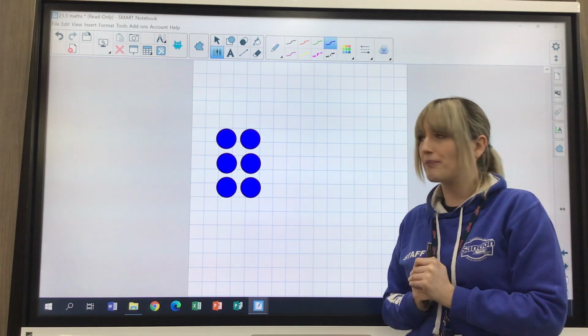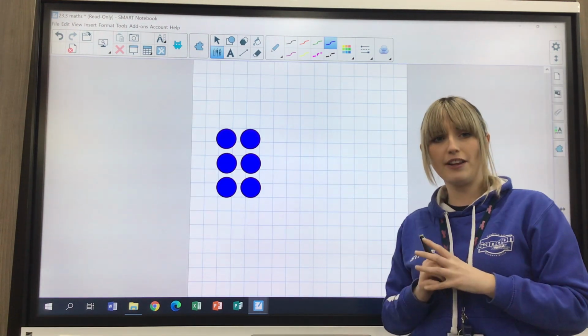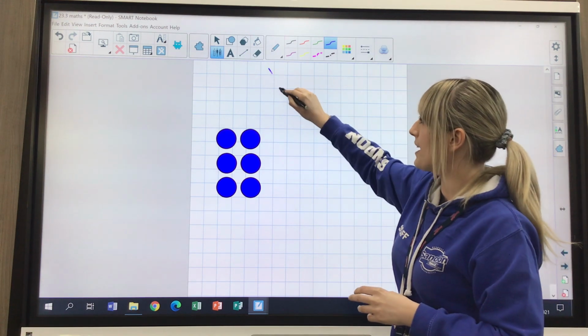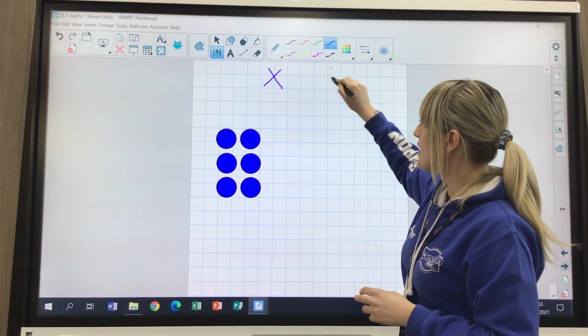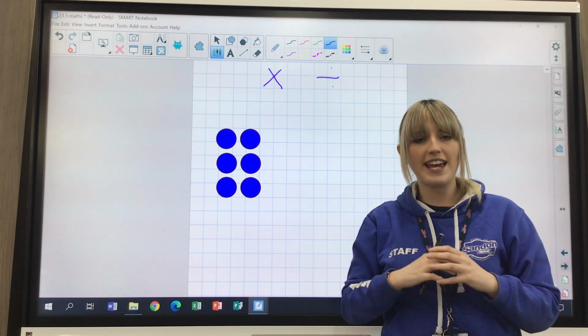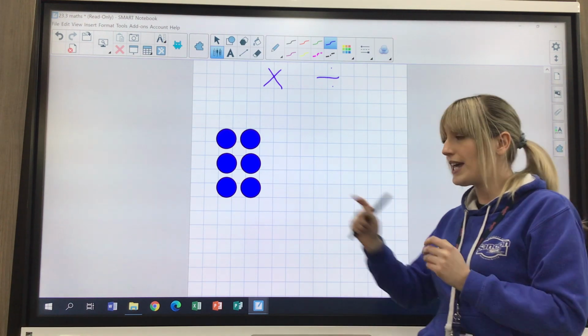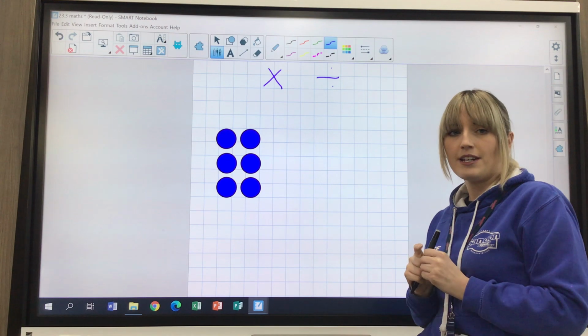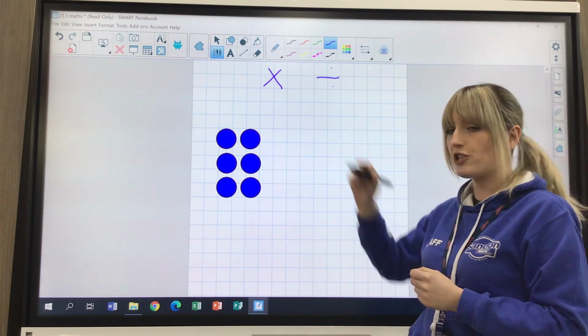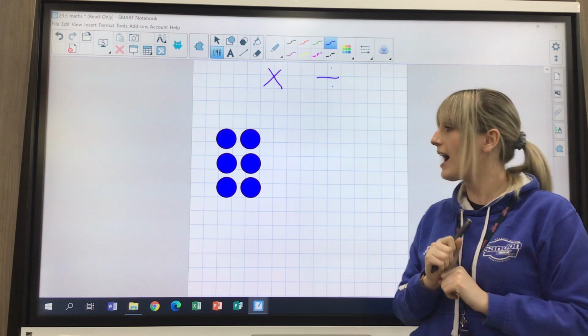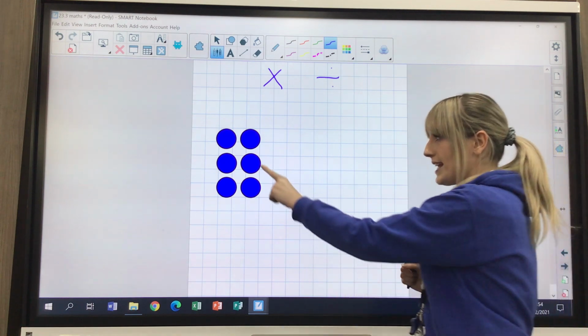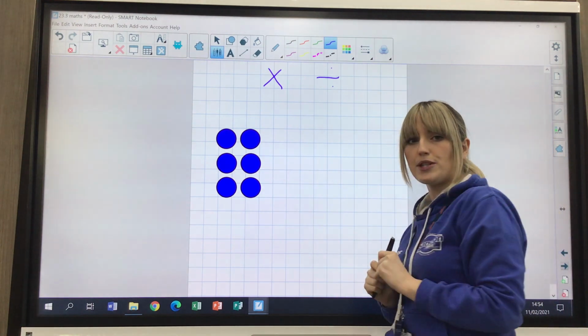Right then, so let's have another little think about multiplication and division. So we've said they are the inverse, and that means they are the opposite. So here I've got an array. Now, if we're thinking of multiplication, so thinking of lots of or times, I can see that I've got groups of 2.